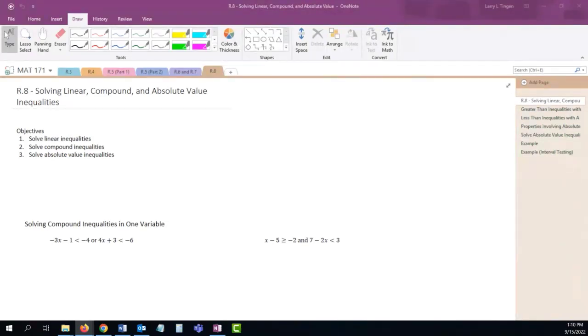And we're going from equations to inequalities. Linear inequalities will have the same format as a linear equation.